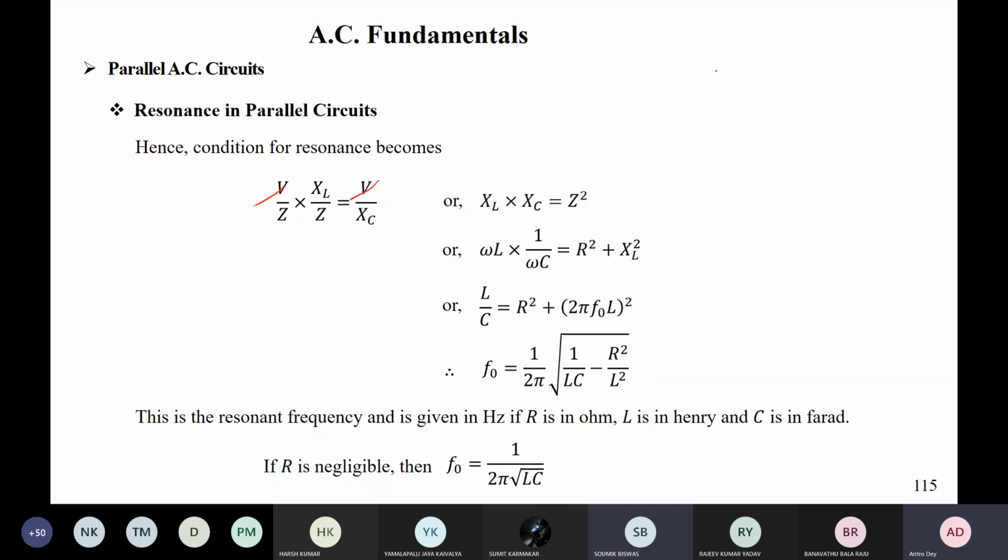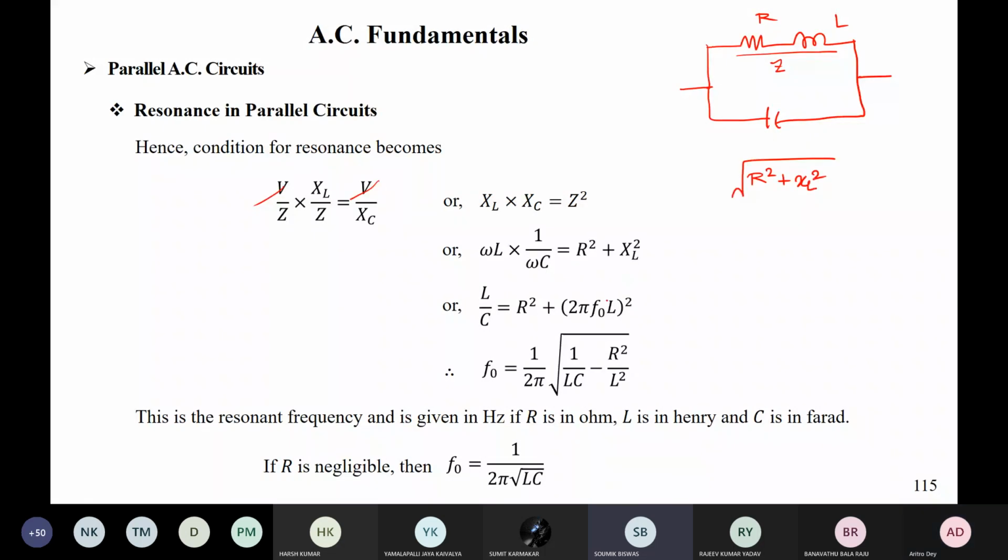So what is your Z? This is your Z, R and L. This is R, this is L, this is capacitance. So this is your Z. So Z square is equal to R square plus XL square. So if you substitute it here, and put XL and XC, where XC is equal to 1 by omega C and XL is equal to omega L, that will cancel out.